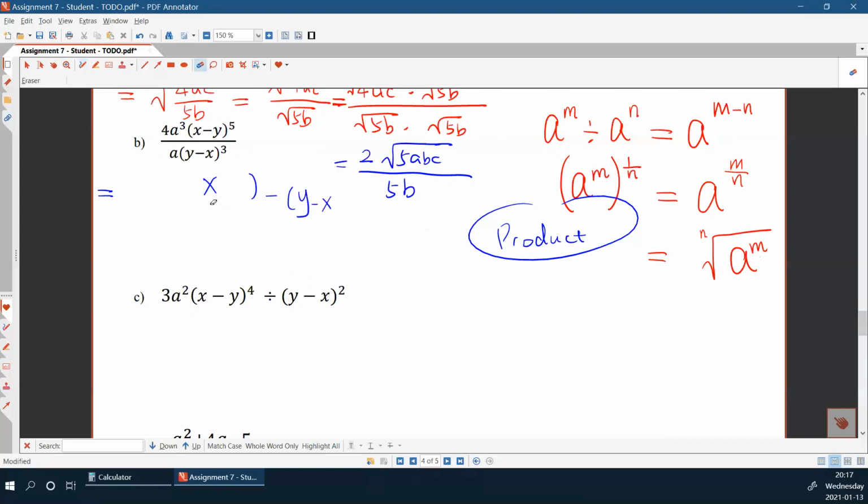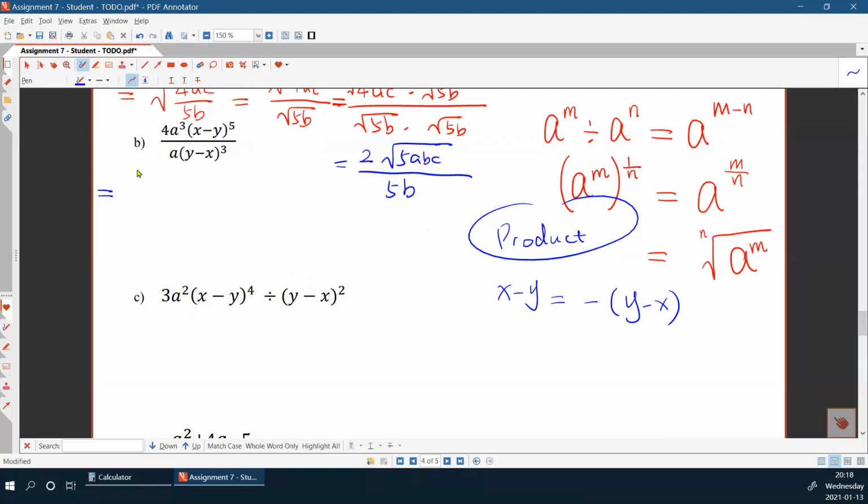Rewrite it here. You can't directly cancel these two terms, right? Because they're different. One is x minus y, another one is y minus x. So note that x minus y is minus (y minus x), right?